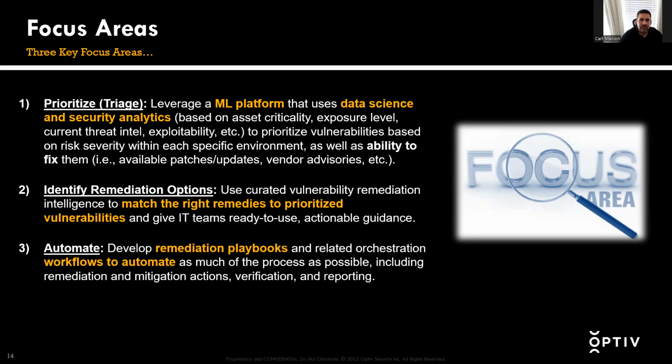That's all built into the machine learning platform. And then it also takes into consideration the ability to fix those. So are there available patches? Are there vendor advisories? All that type of stuff. That's manual, tedious work that a machine learning system could greatly expedite and help with, prioritizing things for remediation based on all those criteria.